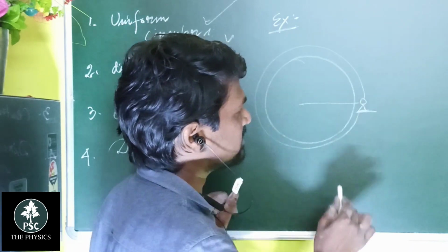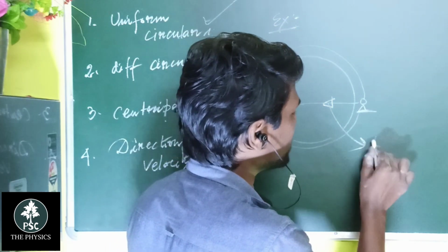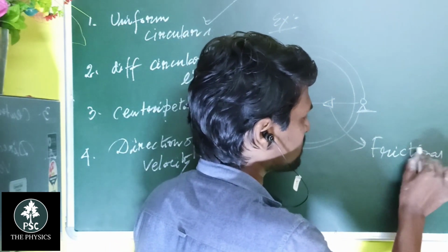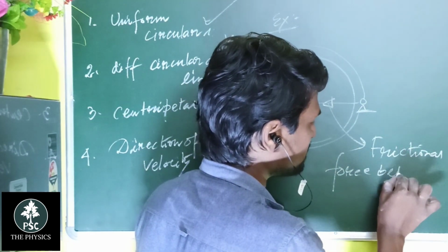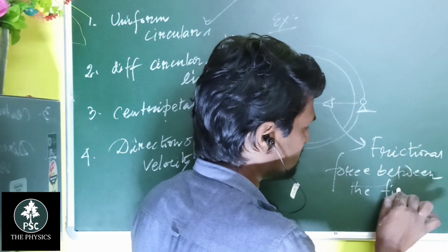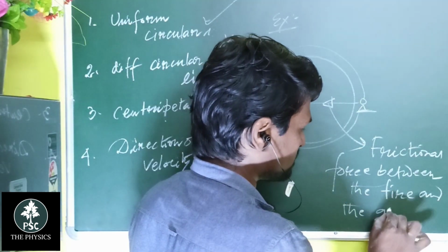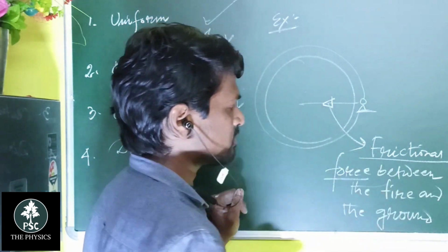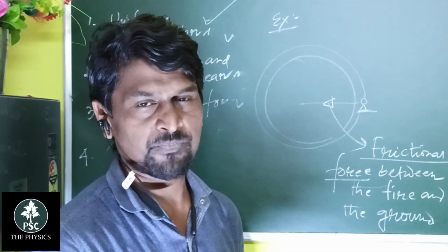And here this force is the frictional force between the tire and the ground. So the frictional force between the tire and the ground provides the centripetal force.